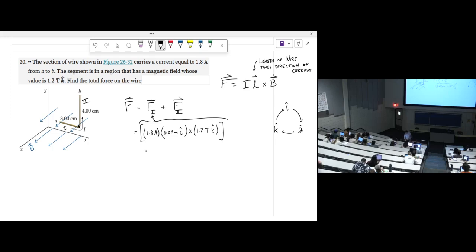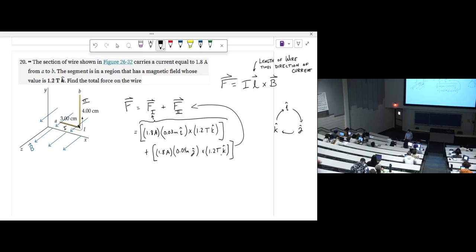And then we have to consider that this is plus 1.8 amps times 0.04 meters in j hat, crossed into 1.2 Tesla in k hat. So this piece is F2.